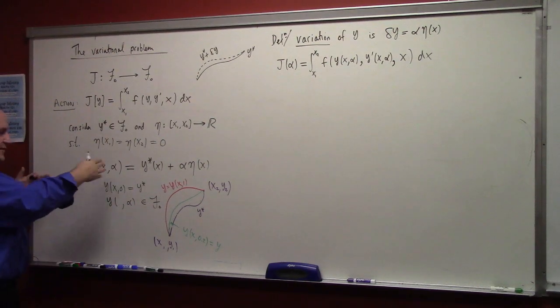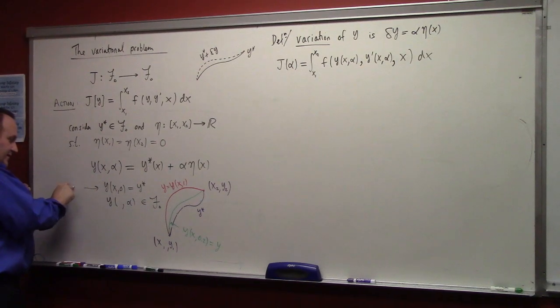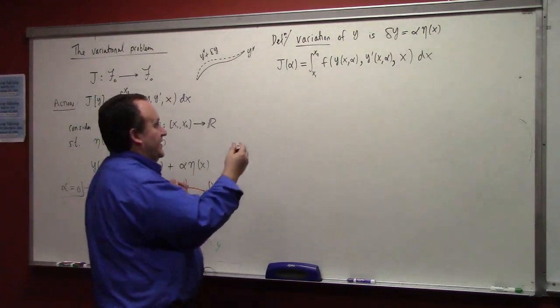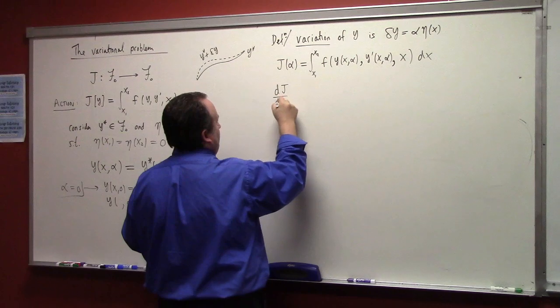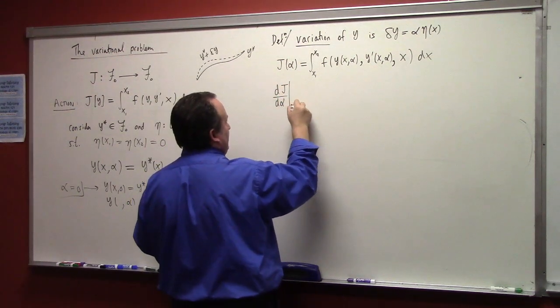That happens when alpha equals 0, right? Alpha equals 0 right here, we get y star. So what should be the case if I calculate dJ d alpha and look at alpha equals 0, what should that give me?